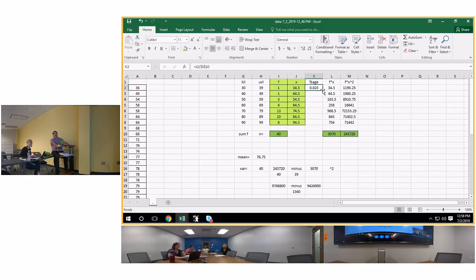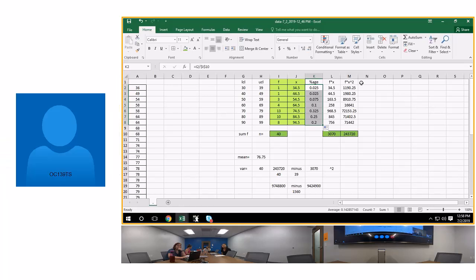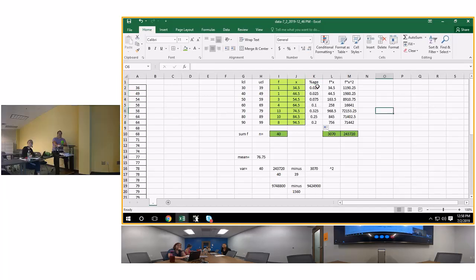Now somebody write those down for me, please. 2.5%, 2.5%, and you can put them as decimals or you can put them as percents, whatever the directions say. Color that a dark green because that's what they're asking for in this problem.